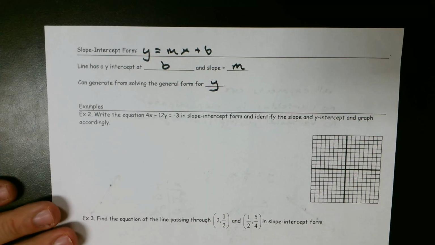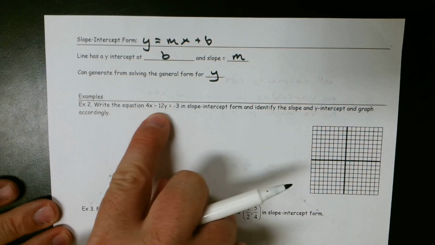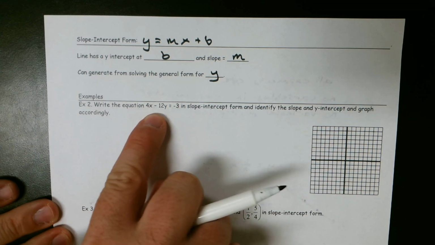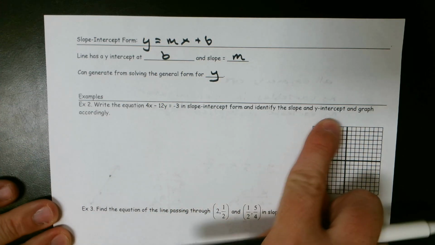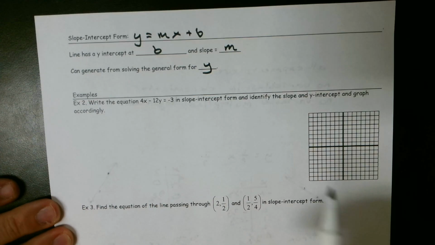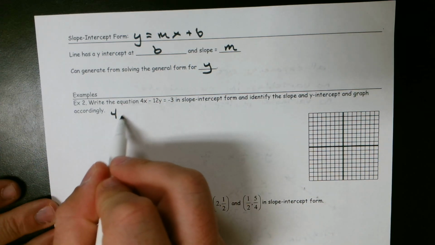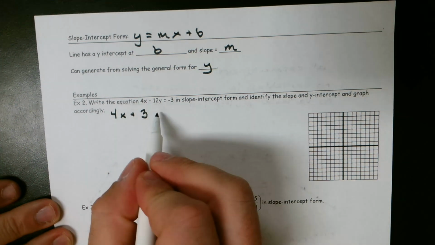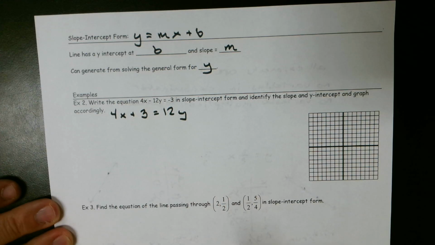Okay, so we're being asked to write this general form equation, ax plus by equals c, in slope-intercept form, identify the slope and y-intercept, and then we're going to graph it. So for solving for it, I'm just going to move my 3 to the left side and my -12y to the right, and I'm going to divide everything by 12.